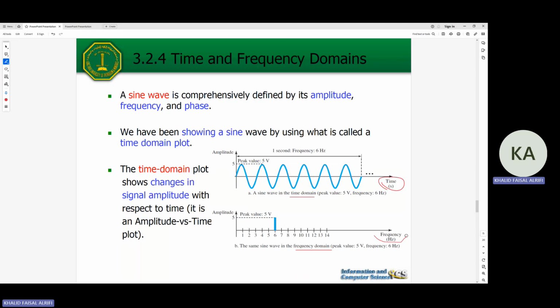But if you have the frequency with the amplitude, then you will just represent this sine wave with a single line, where this 6 represents 6 hertz, and the amplitude is 5, so it will stay as 5. The amplitude decides how long this line will be, and the frequency decides where it should be; if it's 9 hertz, it will be here, and it will go up to the 5 amplitude, the peak value. So just two ways to represent the sine wave: either the frequency domain or the time domain.